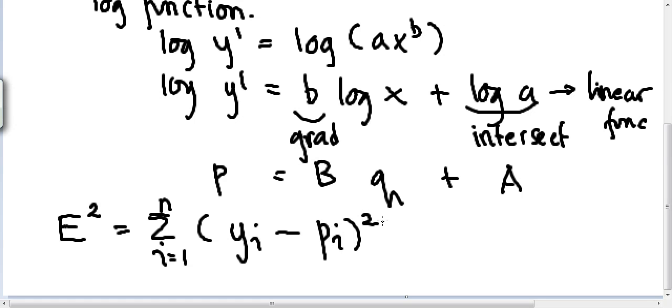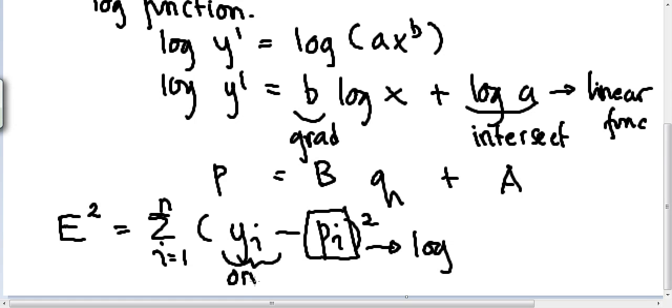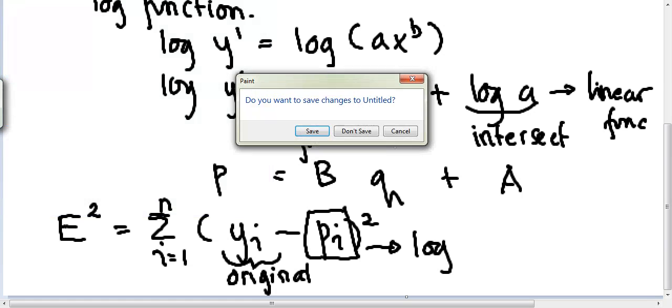And you have to be careful that p is in log, while this one is still in original form. So we have to do something here. We have to change the form of the yi.